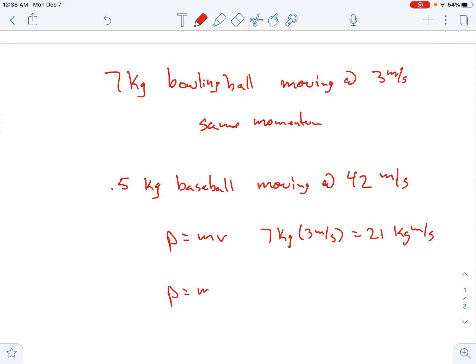If I do my P equals mv for the baseball, I get 0.5 kilograms times 42 meters per second, which once again is 21 kilogram meters per second. Which means there are different ways that I can have an object with a large momentum. It can either be that it is moving very fast, or it could be that it is very large. Either way will give me a large momentum.